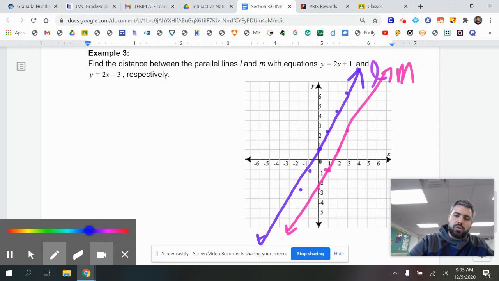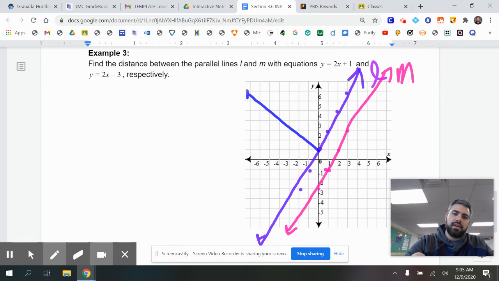And so what we're going to do is basically find the equation of a line that is perpendicular. So I'm going to take this line right here. Now, why do I pick that line? Well, I picked that line because I see it crosses at 1, and it's going to have a perpendicular slope to both lines, and they both have a slope of 2, right?